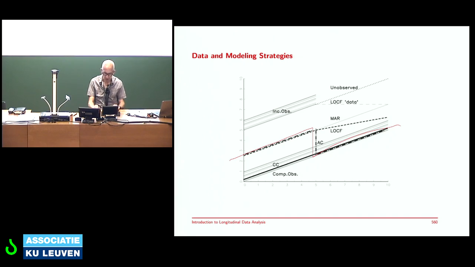The thing is, we're not really making use of the data in a very clever way, because we basically say at the time of dropout, at that very last time, we still have the data available, but then it's over. From that moment onward, we didn't even know that these patients were ever there. And that's not true. What were we using at the end of the previous chapter? The predictive distribution. So the predictive distribution says, hey, what I know from these patients from the past will give me some information about what's happening now and in the near future. So the likelihood doesn't say, you're gone, and I don't even remember that you ever were there. That's not what the likelihood says.